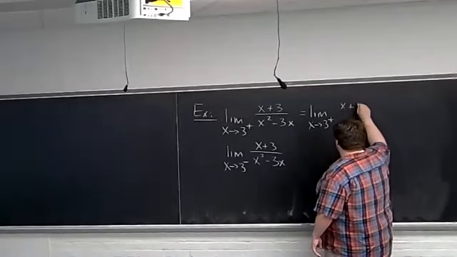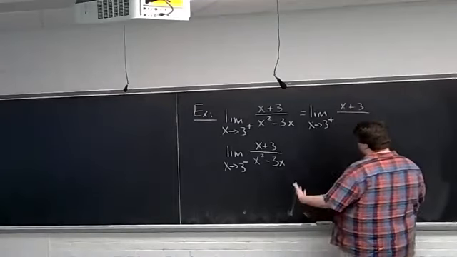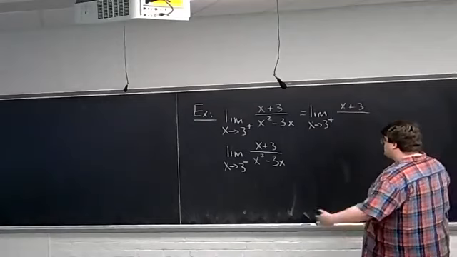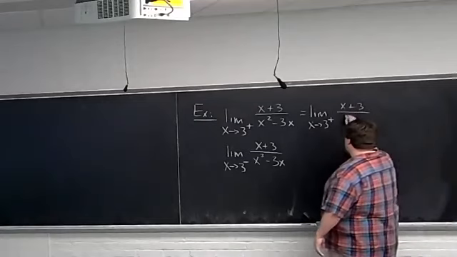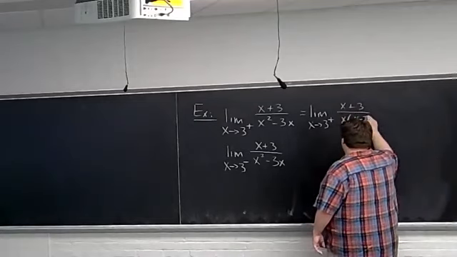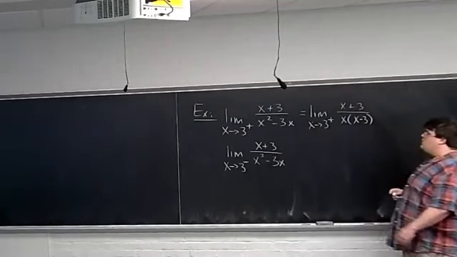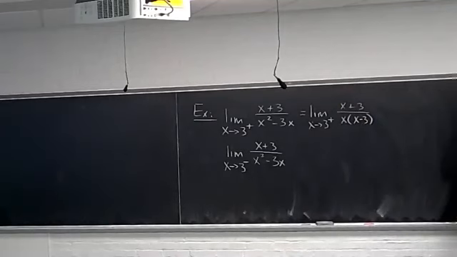I won't do that because I put a larger problem on the worksheet for that reason. But what we can do here is factor this. At the top, we don't have to factor, it's already factored. The bottom, you can pull out an x. And you're left with x times x minus 3.